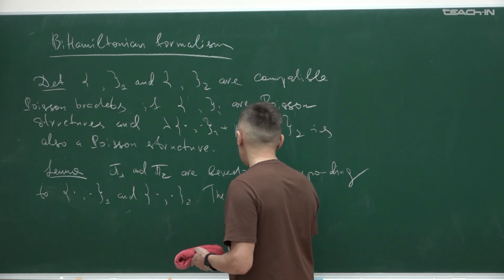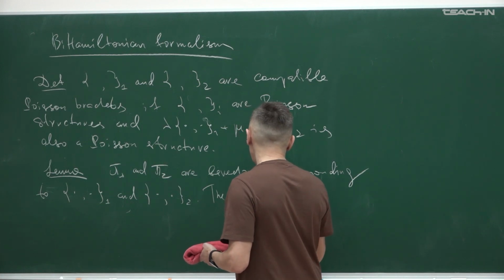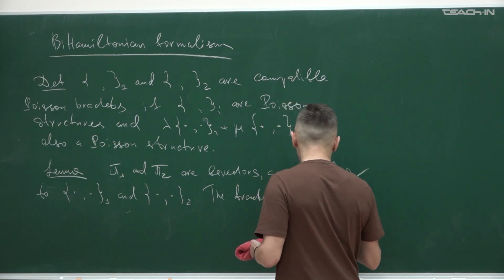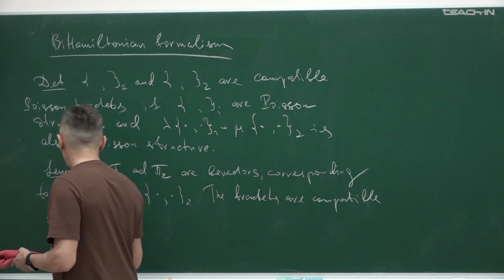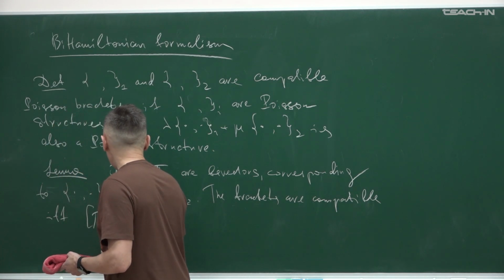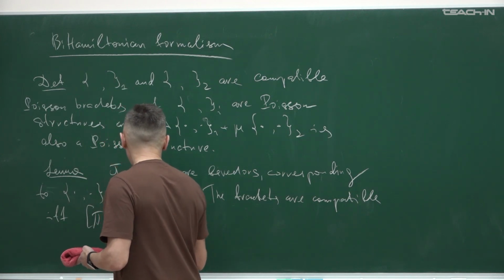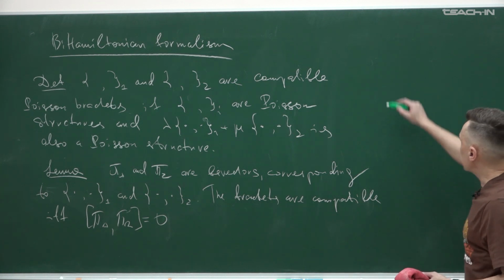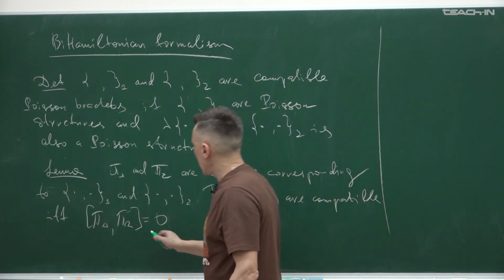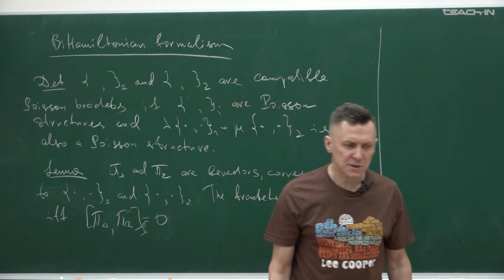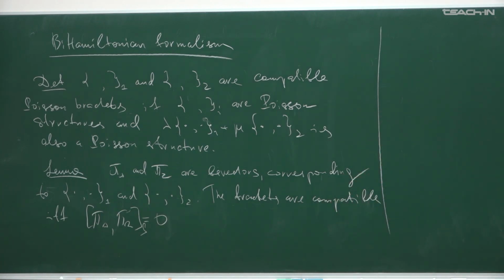The brackets are compatible if and only if the Hamiltonian bracket of these bivectors is trivial, and so this Schouten bracket, I suppose we discussed it. So it's an extension of the commutator of vector fields to the graded algebra of polyvector fields.